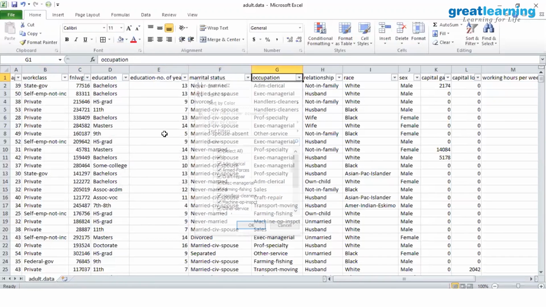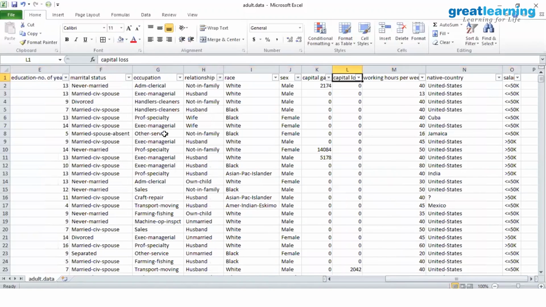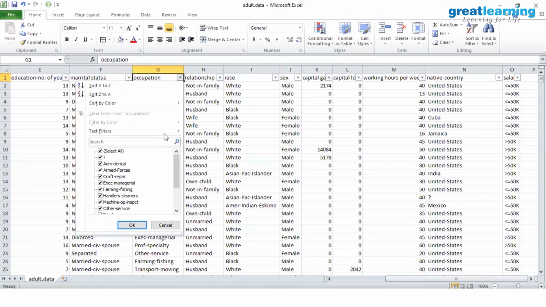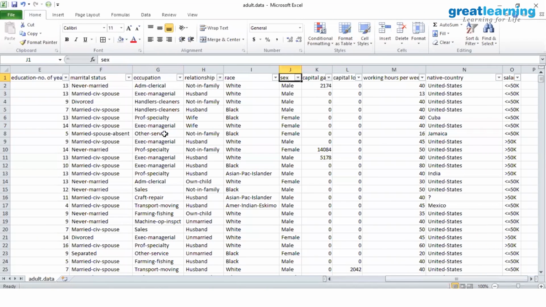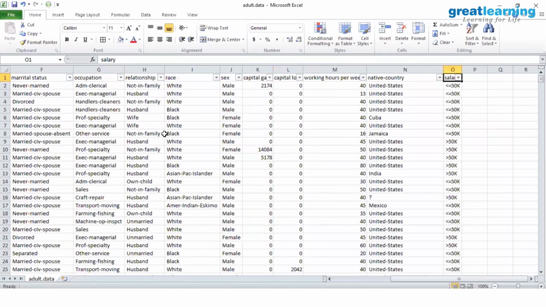We have so many variables, and in many of them a question mark is there. So we'll clean the data, right? And we'll first convert whether it is greater than 50,000 or less than 50,000. If it is greater than 50,000 it is 1, less than is 0. All right. Any doubt in this data set?